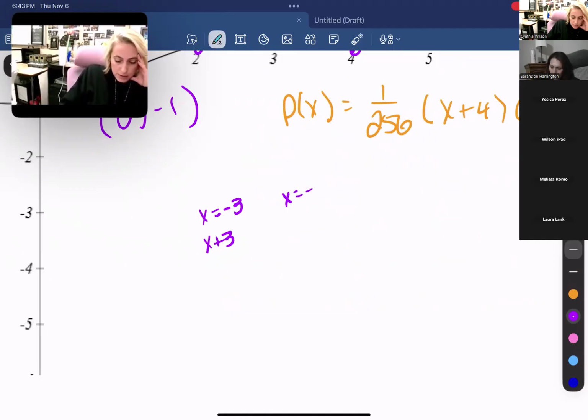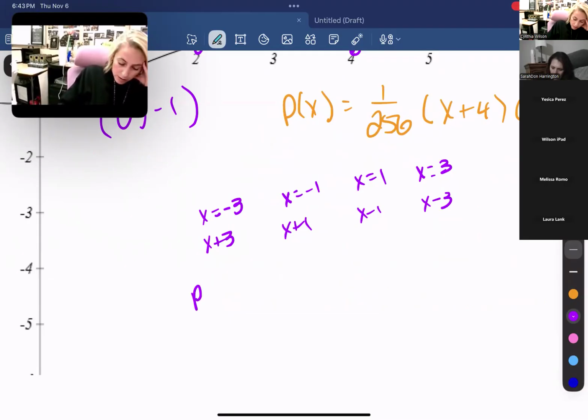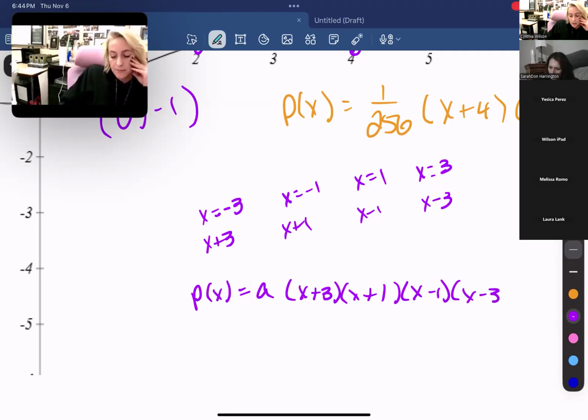You have x equals -1, so it'd be x plus 1. You have x equals +1, so x minus 1. X equals 3, so it'd be x minus 3. So we have a, x plus 3, x plus 1, x minus 1, and x minus 3.